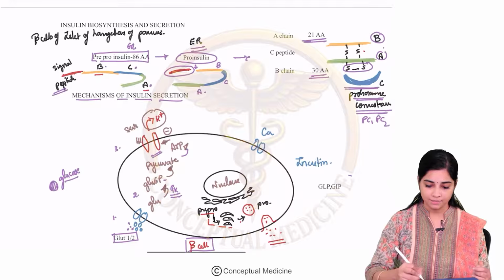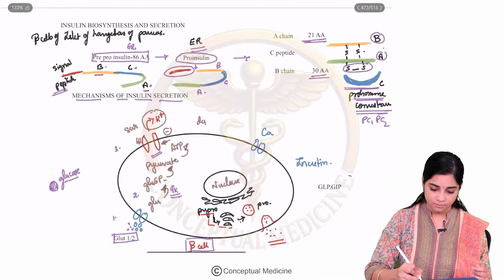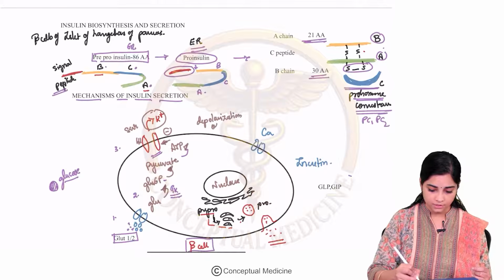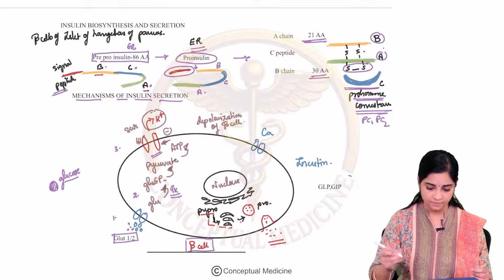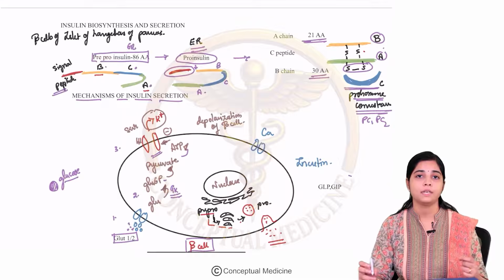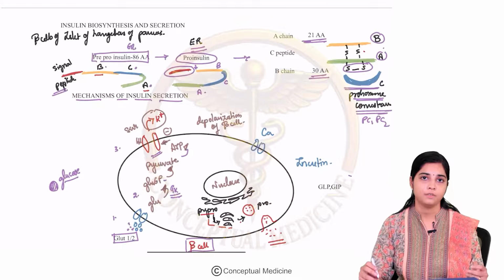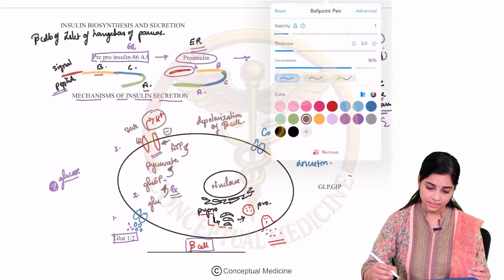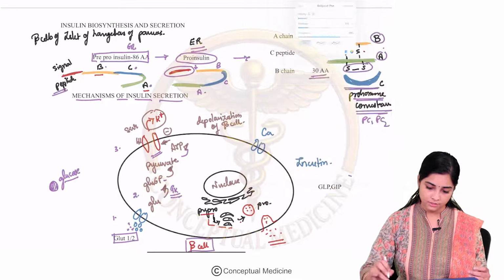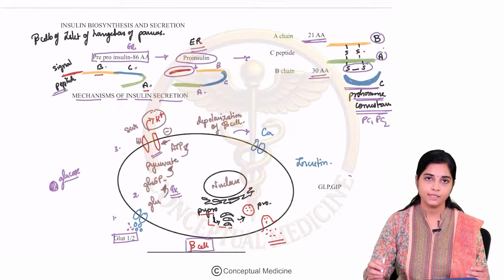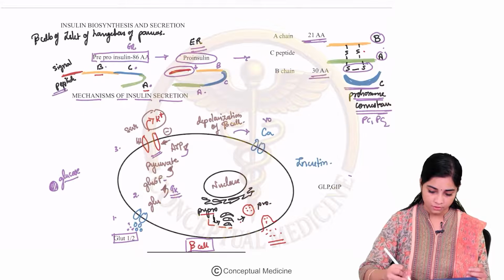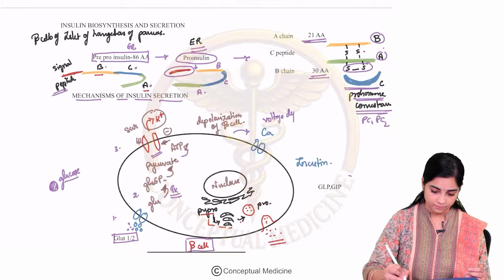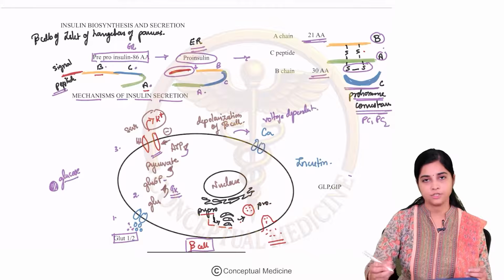So once that happens, it causes depolarization of the beta cell membrane. When there is depolarization, the next step is that it causes stimulation of another channel on the beta cell membrane, which is your voltage dependent calcium ion channel.